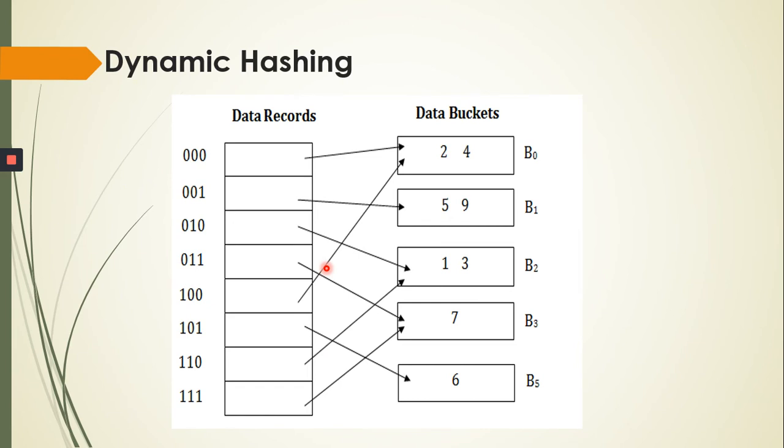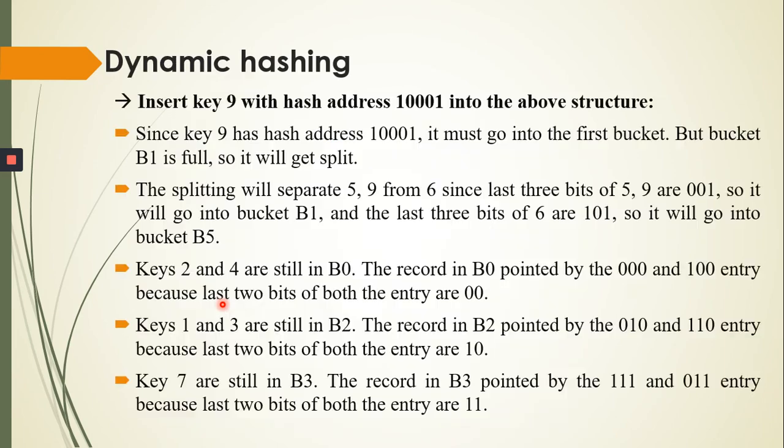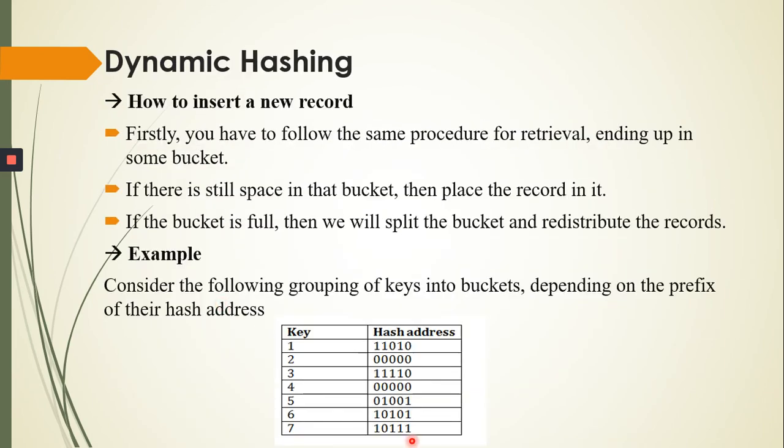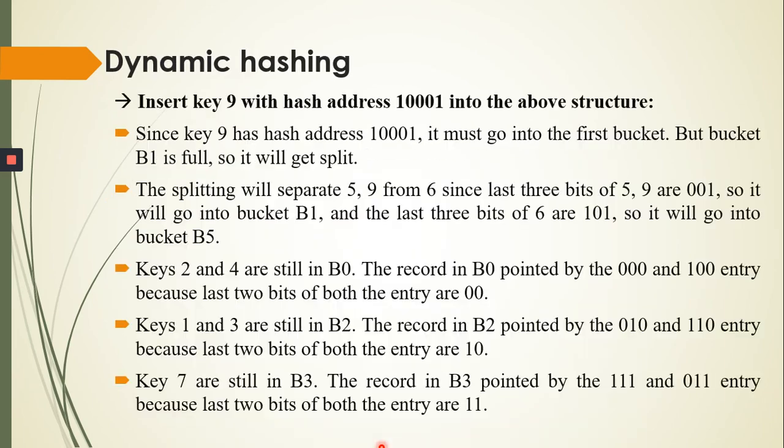According to 3 bits, we have these buckets: 000, 001, 010, 011, 100, 101, 110, and 111. Now we consider the last 3 bits and put records in the buckets accordingly.